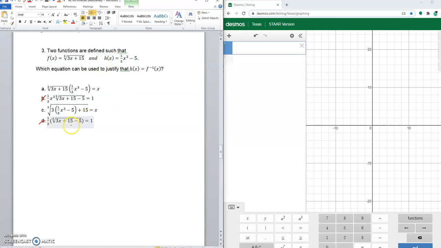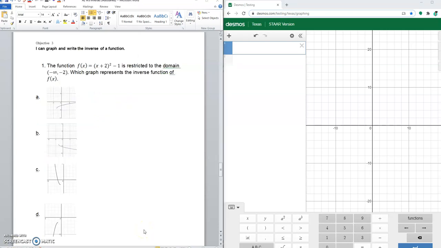I'm looking at letter C right now because, as you can see, the x here was replaced by all of these. Cube root is there, 3 is there, and then instead of x, you have the whole thing right there, and then after that, you have the plus and then the 15. The answer here, guys, is letter C.